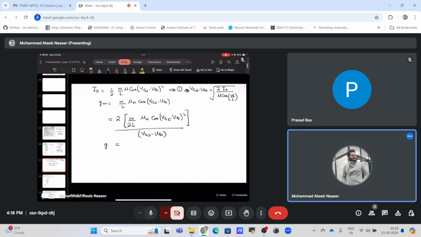So gm is simply 2 times ID divided by VGS minus VTH. Now put this VGS minus VTH over here, so gm is 2 times ID divided by root of 2 ID over mu times Cox W over L.